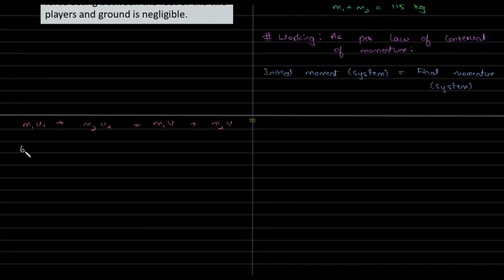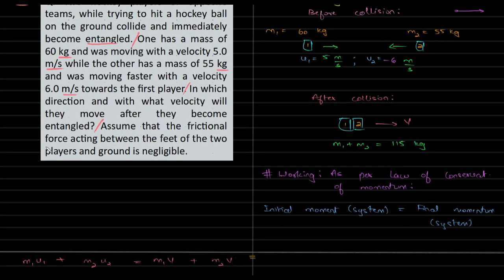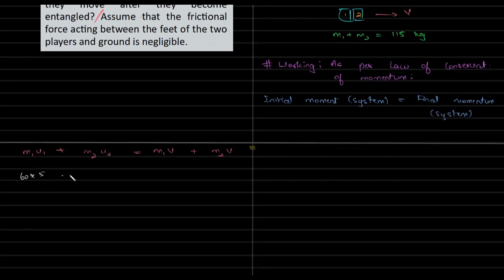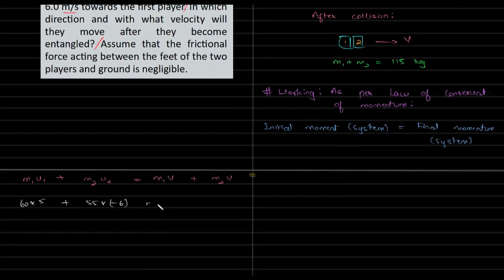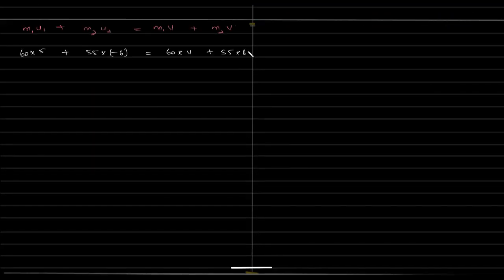Find it. So this is 60 into 5 plus 55 into minus 6. Remember, this person is moving to the left. So this is equal to 60 into V plus 55 into V. We can take 6 common and do all of that, so I'll take 6 common.